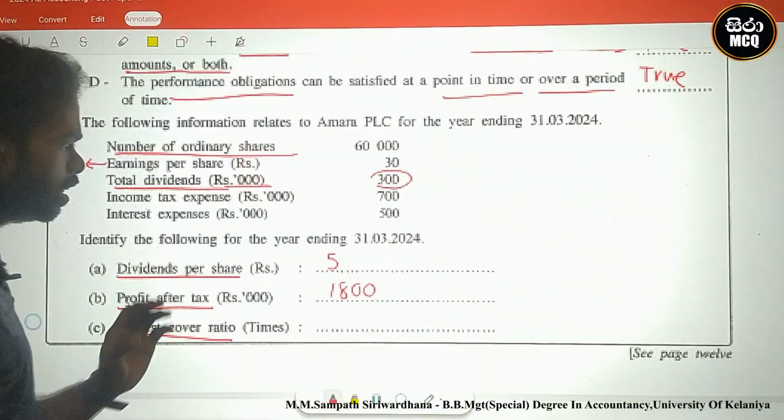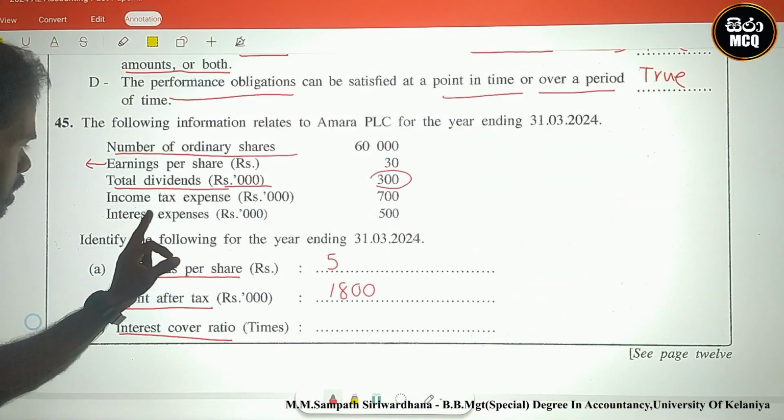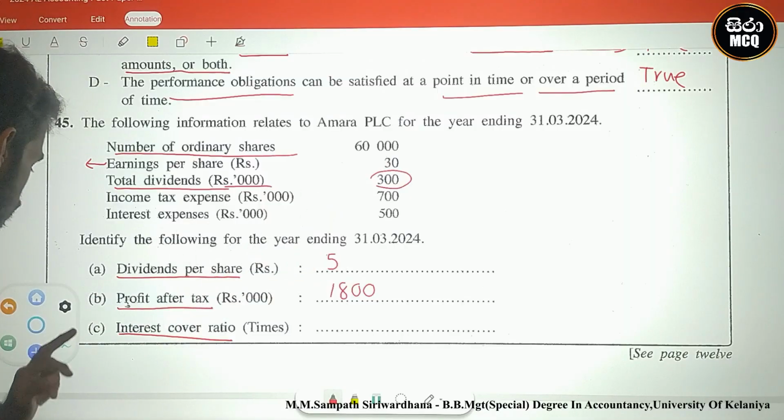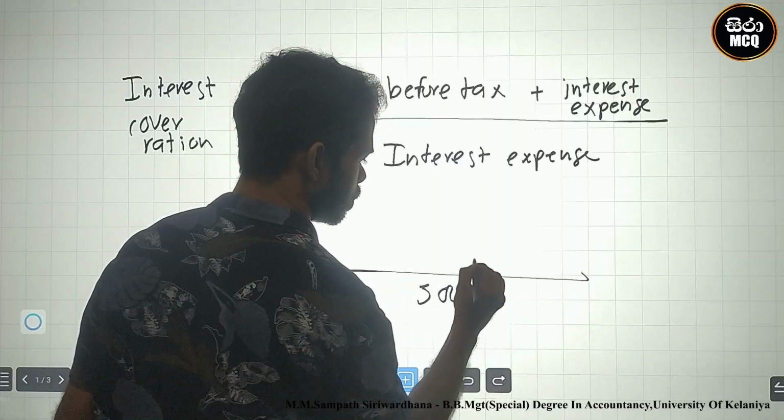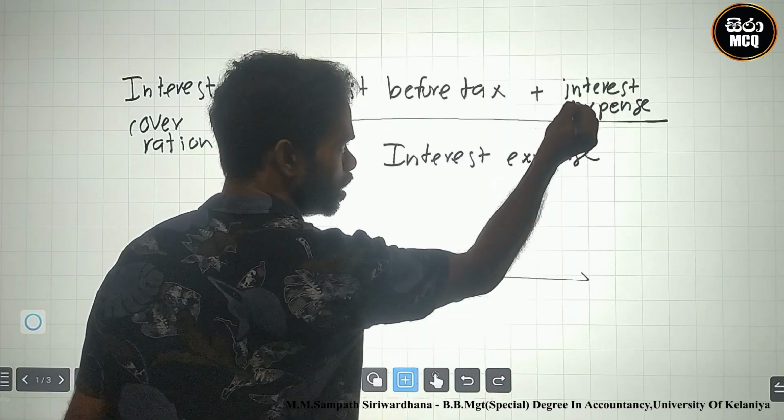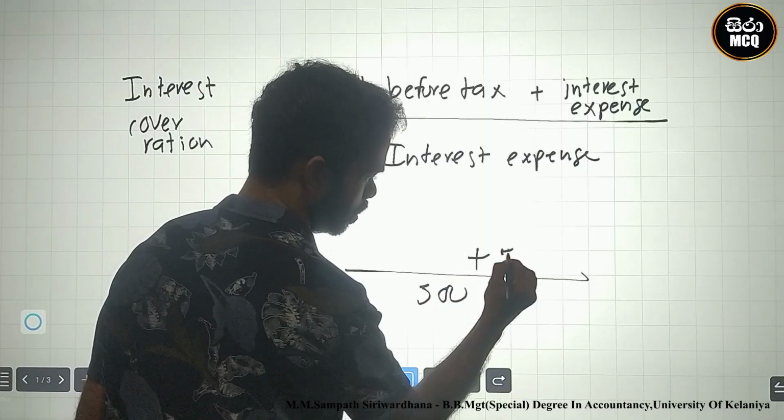Interest expense is directly supplied in the question: interest expense 500.